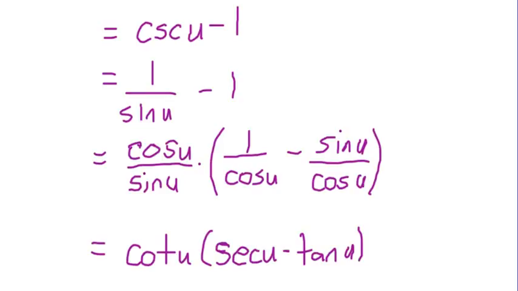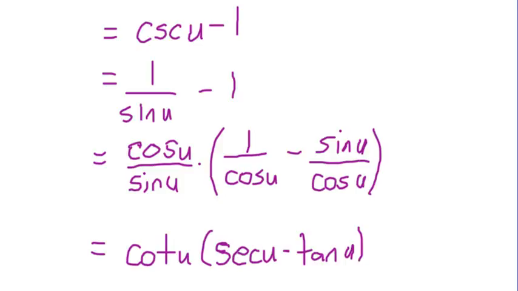So that could simplify down to 1 over sine u minus 1. That's simplified down into cosine u divided by sine of u times the quantity 1 over cosine u minus sine u over cosine u, which simplified down to cotangent u times the quantity secant u minus tangent u.